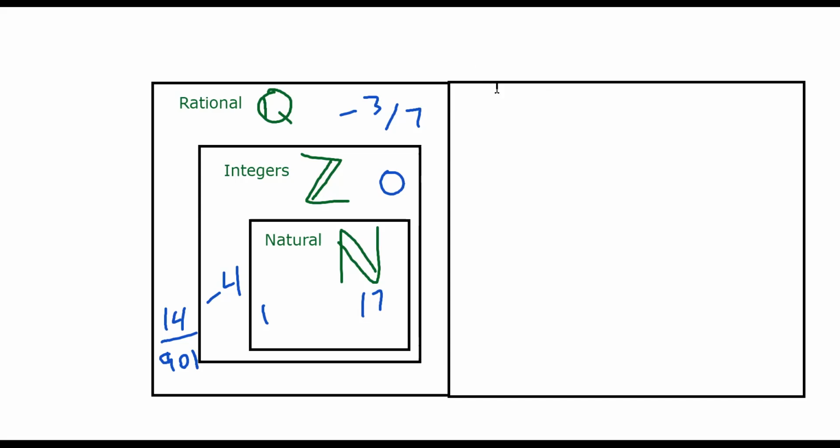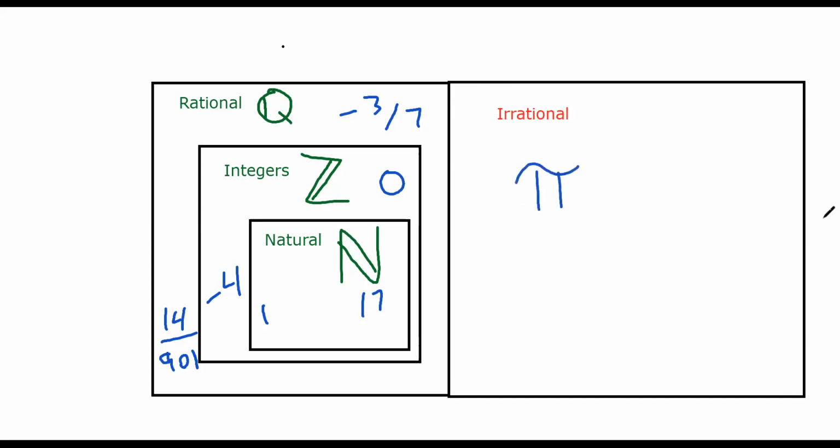And now we have irrational numbers. That's a completely separate box. They have no overlap with rational numbers because irrational means not rational. The IR at the beginning is negating it. It's saying not that. So you have the irrational numbers, and you have many, many, many examples of those.